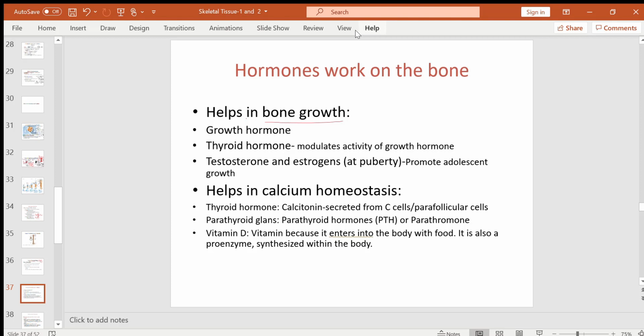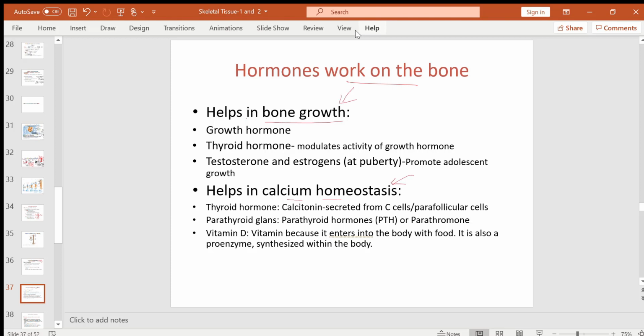Another type of hormones also comes from outside and regulates the calcium in the blood. So those are the two types of hormones that work on the bones. Some hormones help to grow the bone, some hormones help to regulate the calcium.